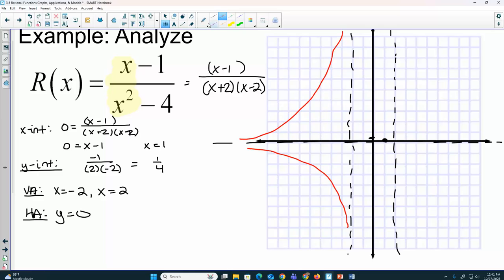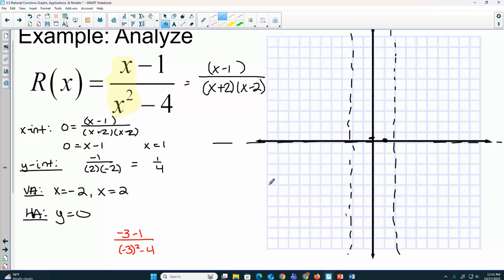So you can use your calculator for this, and in fact I would recommend it. Just plug in a number. So I'm looking when my x is smaller than negative 2, so maybe if I put in negative 3. You can do it in the original or the factored. I think it might be just as easy to put it in the original.